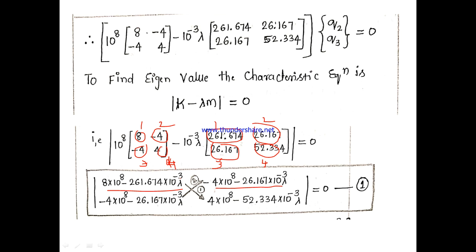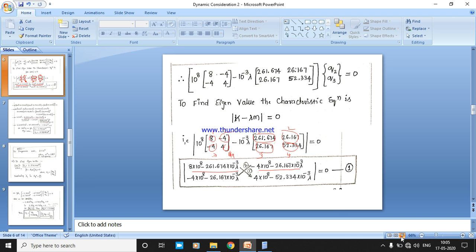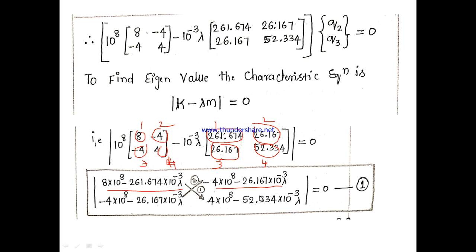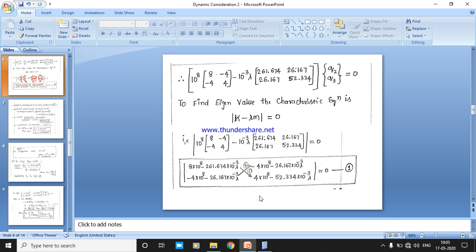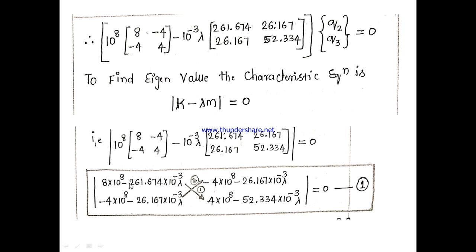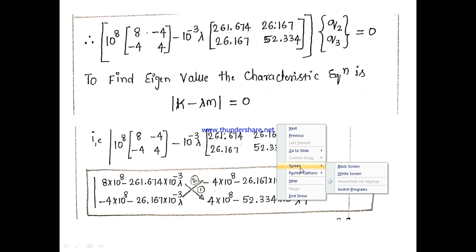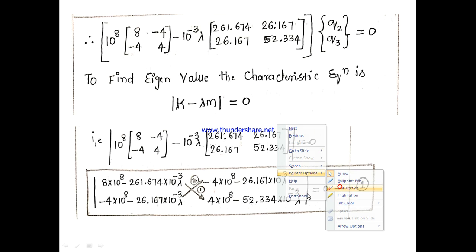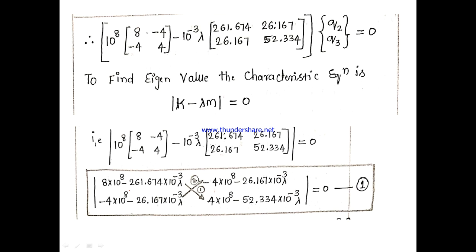Okay, so after addition what I got here is what? So after addition I got these values. So now I got the determinant matrices, 2 by 2 determinant matrix I got.